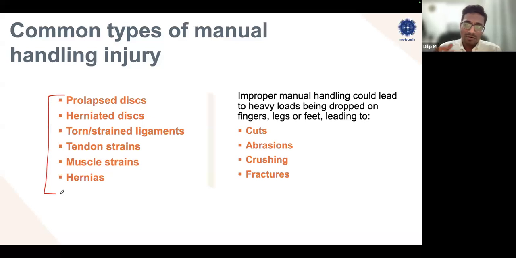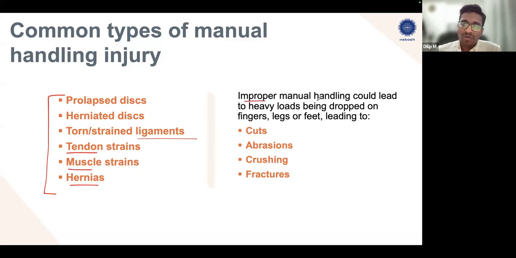So again, it shows you have a good understanding of manual handling concepts. So prolapsed disc, herniated disc, strained ligaments. So ligaments, connective tissues which connect bone to bone, tendon strains, muscle strains, and hernia. So we'll see what these are.